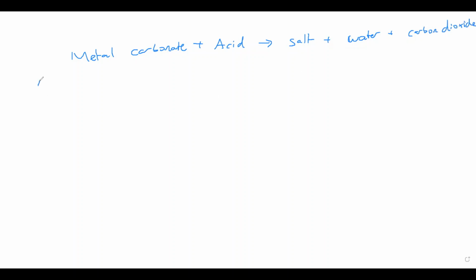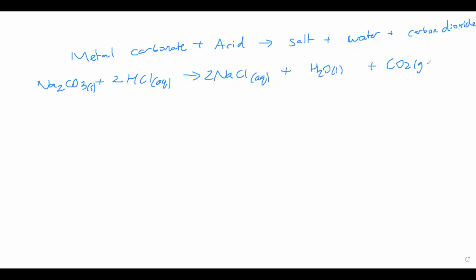So in this example, we've got sodium carbonate reacting with 2 lots of HCl. Note that the sodium carbonate is solid as well. And we form 2 lots of our salt. We form water, and we form carbon dioxide.